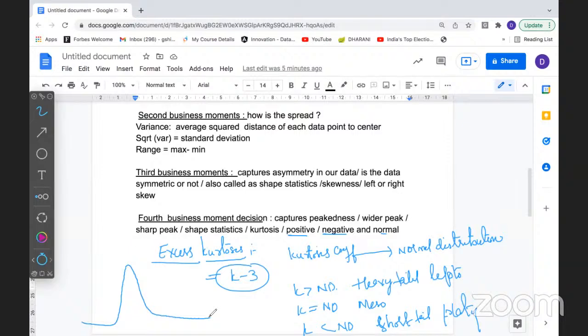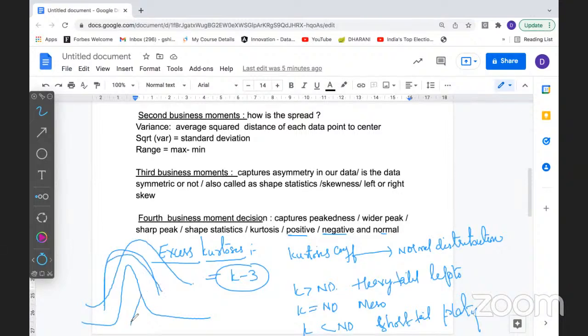Extreme positive kurtosis indicates that more of the numbers are located in the tails of the distribution. Leptokurtic. Right? Meso is something normal, just like that. That's normal. Meso. But platy has a lower tail. It is stretched more around the center. Most of the data points are here only, like this.